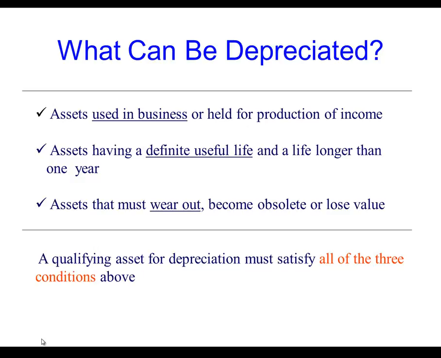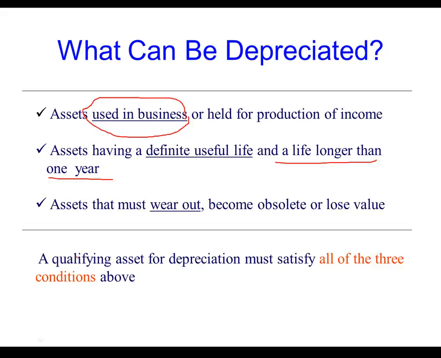Examples of assets that can be depreciated are assets used in business or held for production of income, assets having a definite useful life and a life longer than 1 year, and assets that must wear out, become obsolete, or lose value.